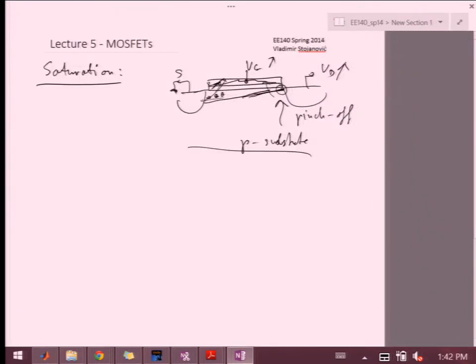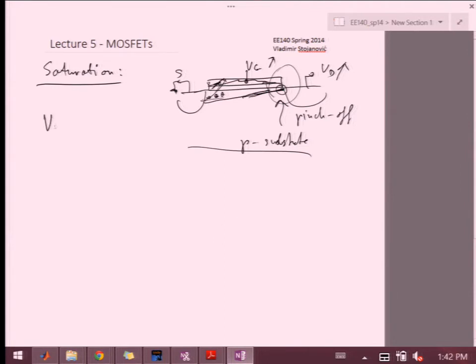Now, what is the condition for this pinch off to happen? It's the onset of inversion, right? So what's the condition for the inversion? Yeah, so something has to be threshold, right? So which potential has to be equal to the threshold voltage? Which two terminals dictate what's happening at this point?